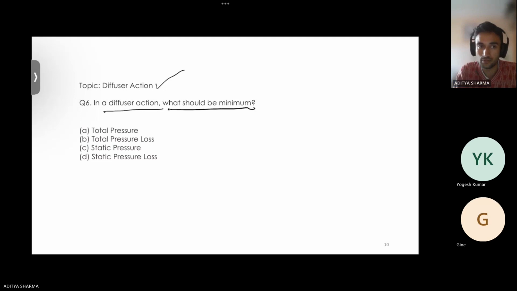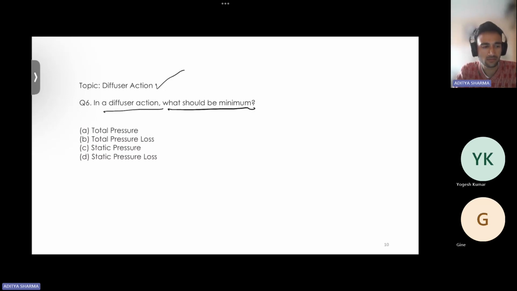Because if you take the intake of air at supersonic velocities, then it won't be possible to combust the fuel in the engine. So for that matter, diffusers are designed.